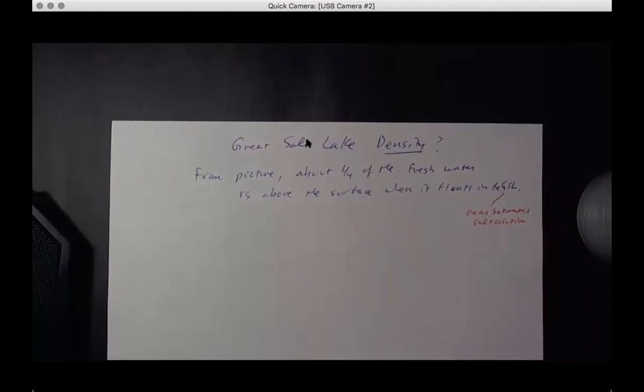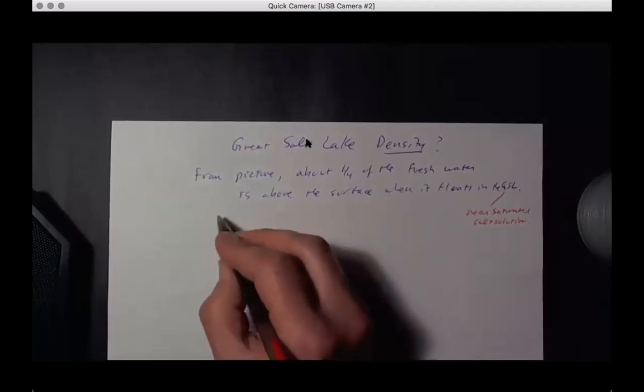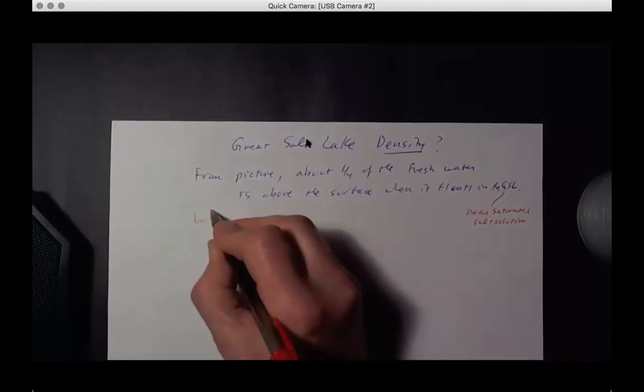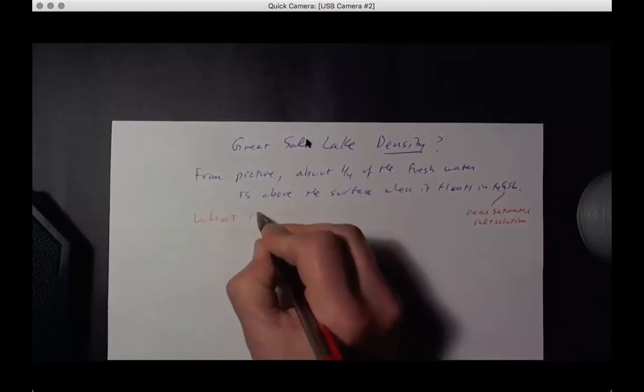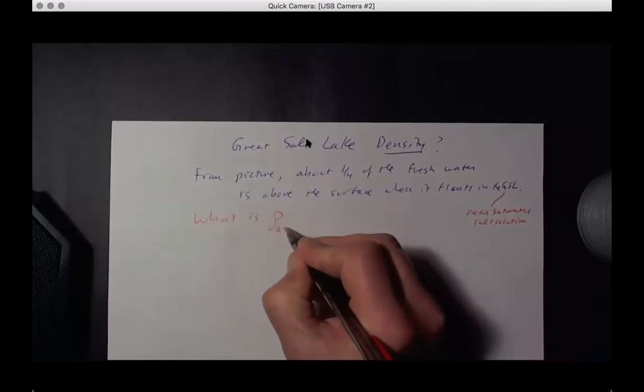Maybe just after it rains it's not, but I don't think it had rained in a while. You can actually look up the density, because I didn't do that. Anyway, we don't know rho Great Salt Lake.